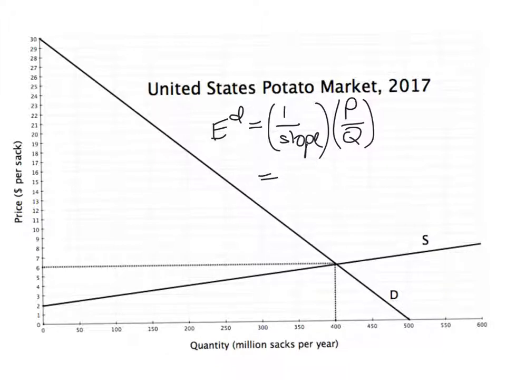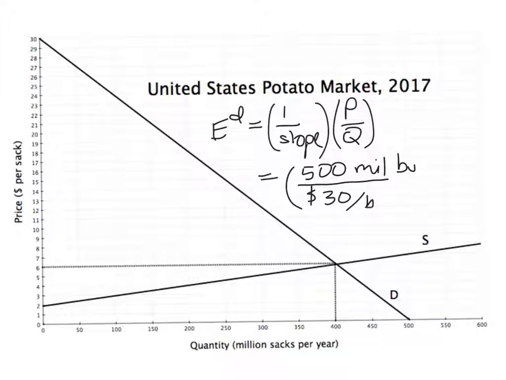So let's go back to my pen. 1 over the slope of the demand curve should be 500 million bushels over 30, and the units there are dollars per bushel.